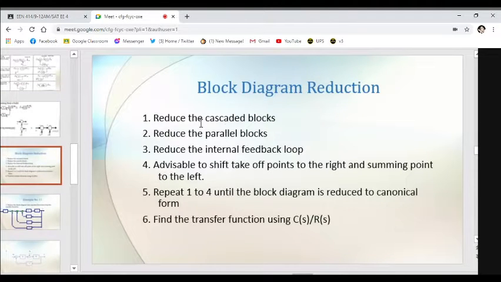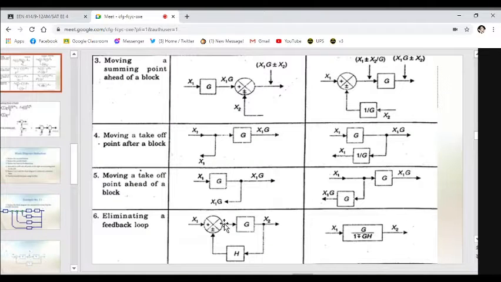So, reduction. Una, you have to reduce all the blocks in series or blocks in cascade. Yun muna uunahin. Pangalawa, yung mga nakaparallel. Kung may nakaparallel, i-parallel nyo. No? Pangatlo, kung mayroong feedback loop. Ito yung feedback loop, eliminating a feedback loop. Okay?